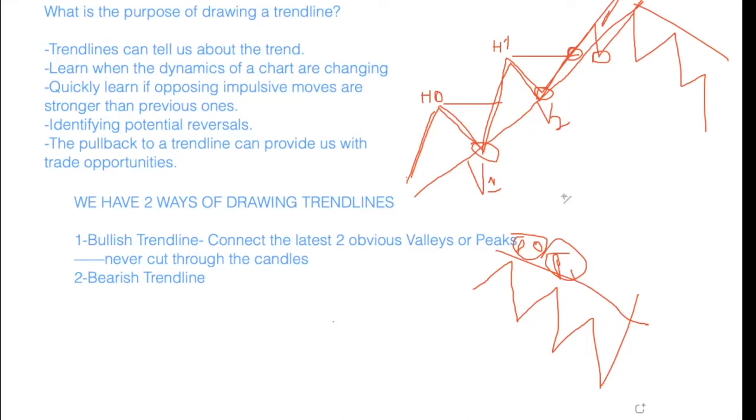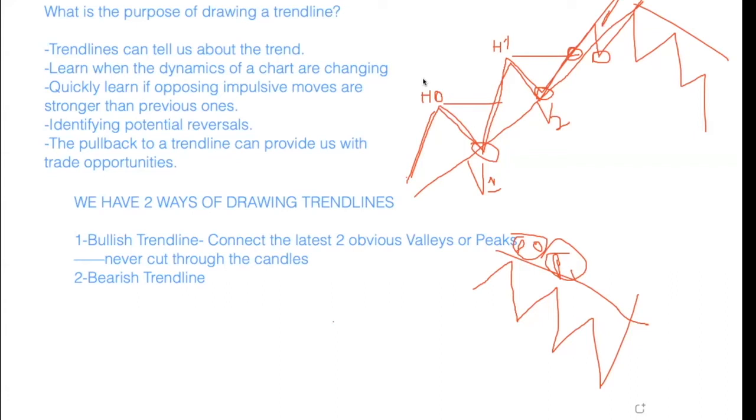There are two mountains here. You can do this, you can't do this. You have to touch the lower low of the previous valley or peak like this.